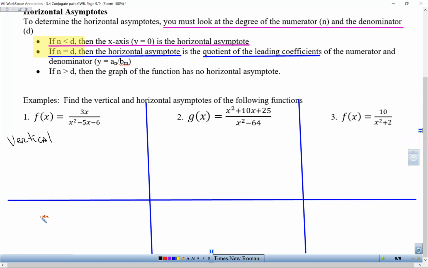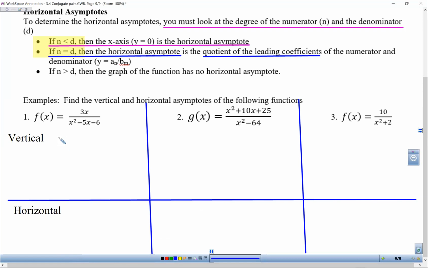And on the bottom of our chart, we will do the horizontal. So remember, the vertical is just the zeros of the denominator. So what makes this denominator 0? So basically, we need to factor it.